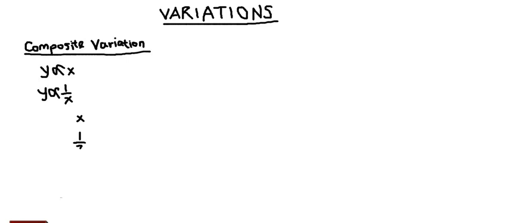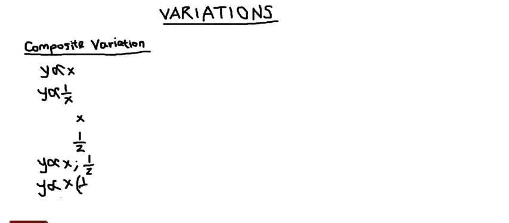So for example, if we say y varies directly as x and y also varies inversely as z, that will be written as a combined variation, where we'll say y varies directly as x and inversely as z.